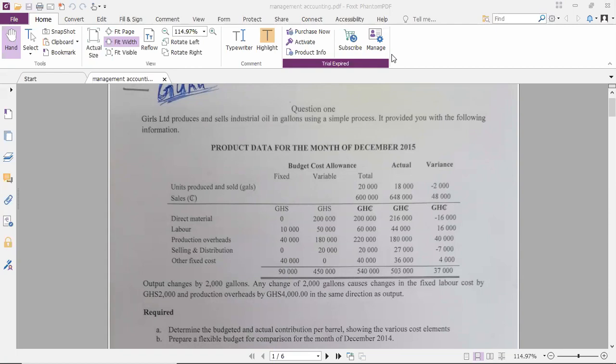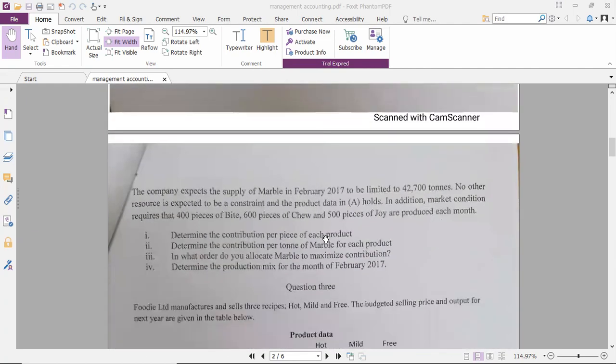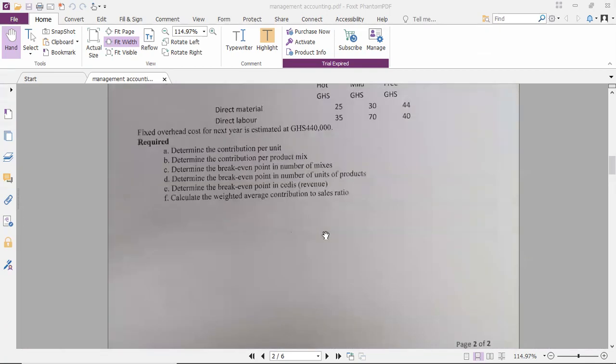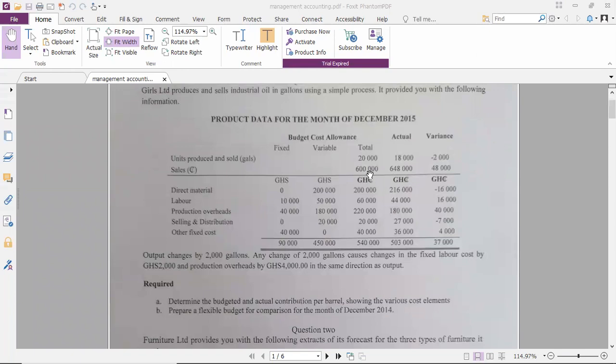Now, the first question is telling you to determine the budgeted and actual contribution per barrel, showing the various cost elements. And you know that contribution is selling price minus variable cost per unit. The selling price has not been given, but they give you the sales for the month.